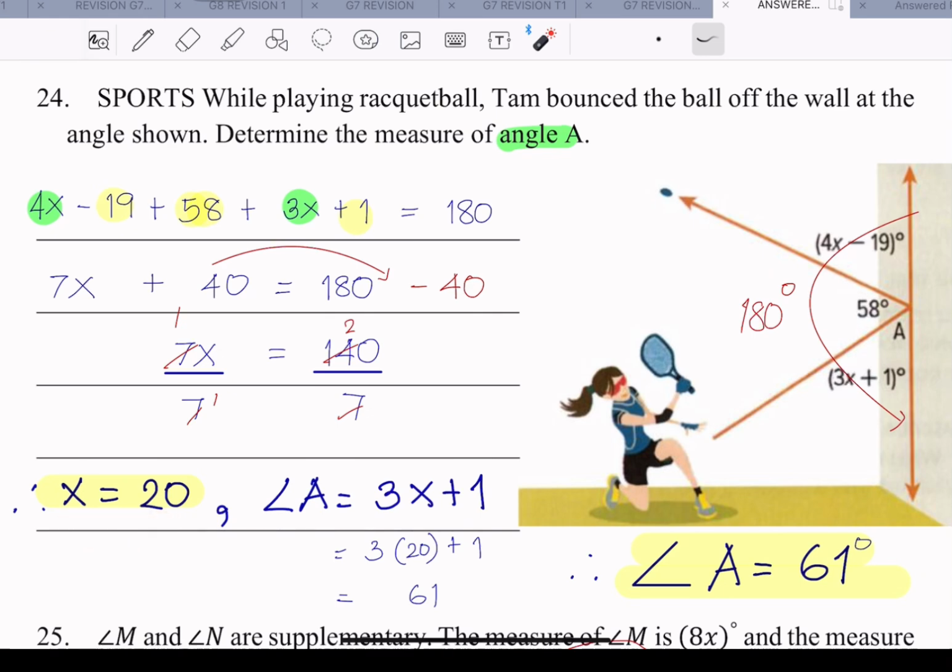Now we have x, but still we need to find the angle A. Angle A is 3x plus 1. And x is 20, so 3 times 20 is 60 plus 1, that is why we have 61. So the answer here in number 24 is 61.